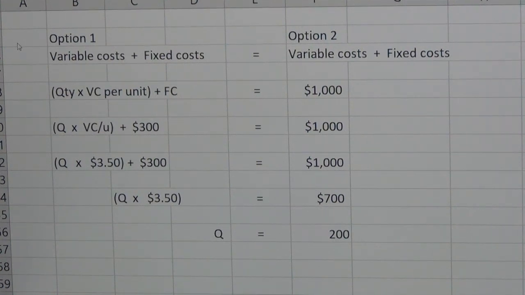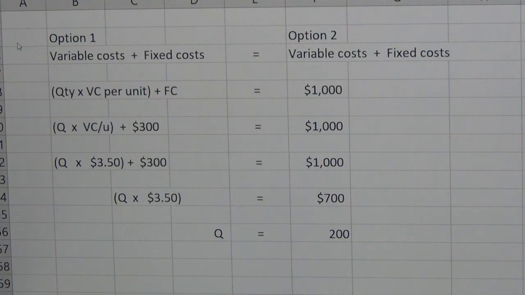If you firmly believe that you're going to be selling more than 200 units, then you're going to want to go with option 2, because option 2 is fixed. $1,000 does not go up relative to the quantity, so you're going to make more money by going with option 2. If you think it's going to be 200, you're indifferent. It's going to be about the same cost.